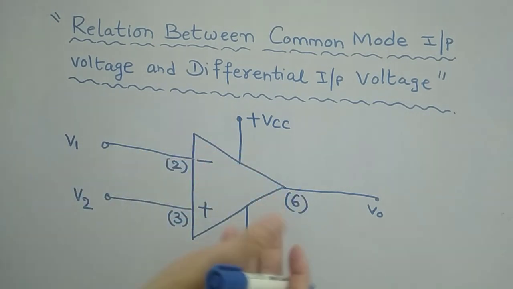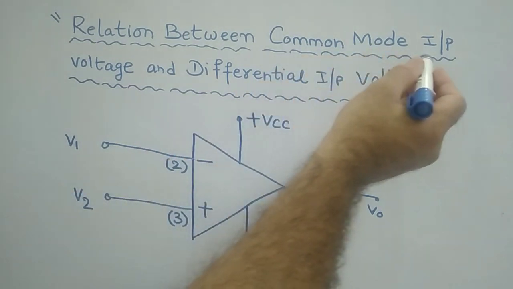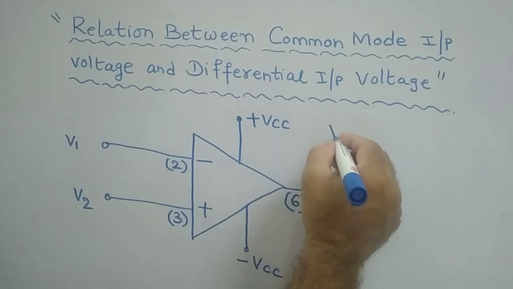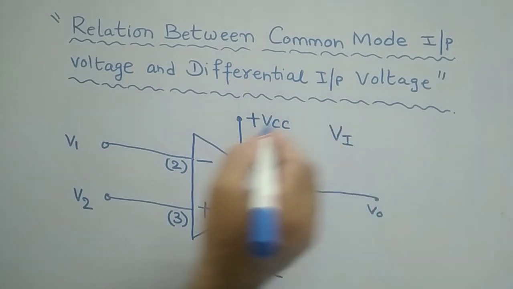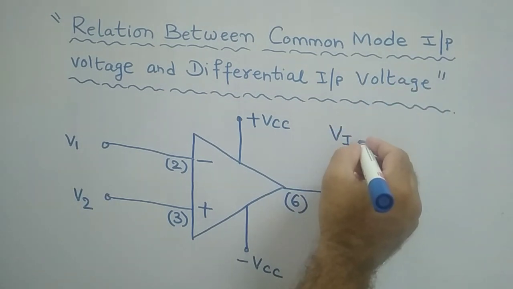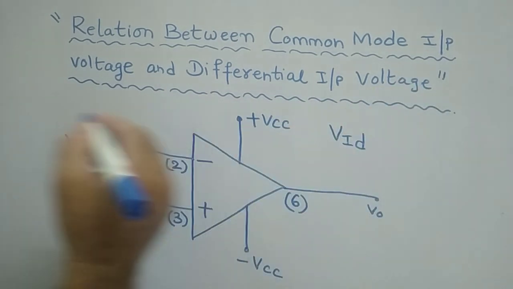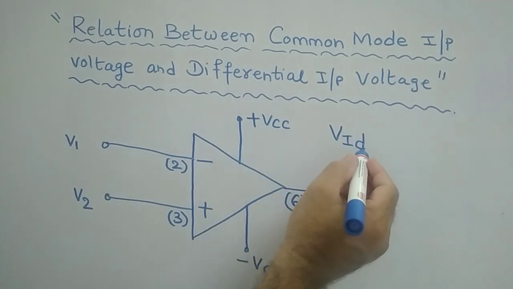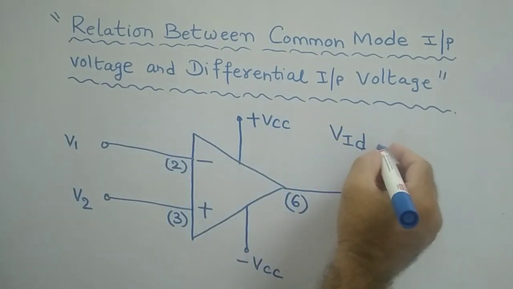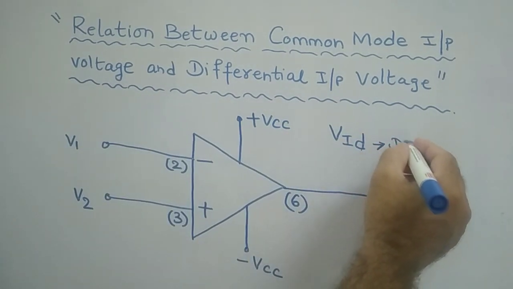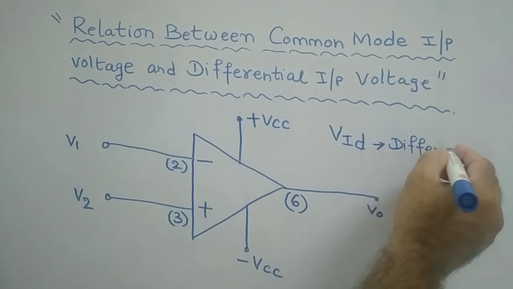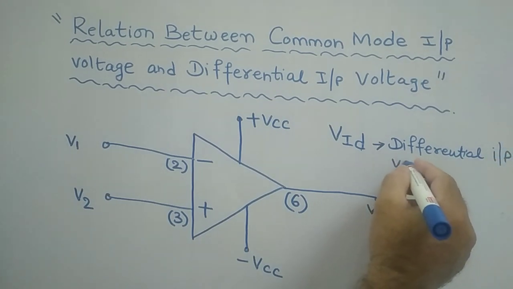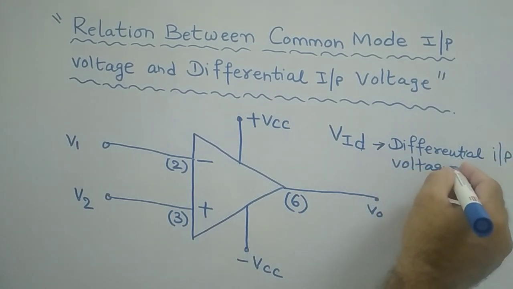Now I am going to give the relation for the common mode input voltage. VI is the input voltage, and if you write the suffix D, VID, this is the differential input voltage.